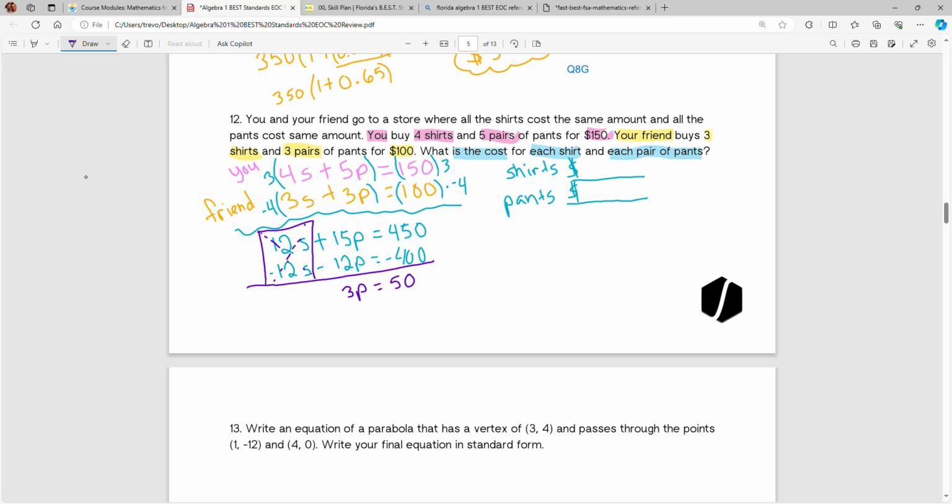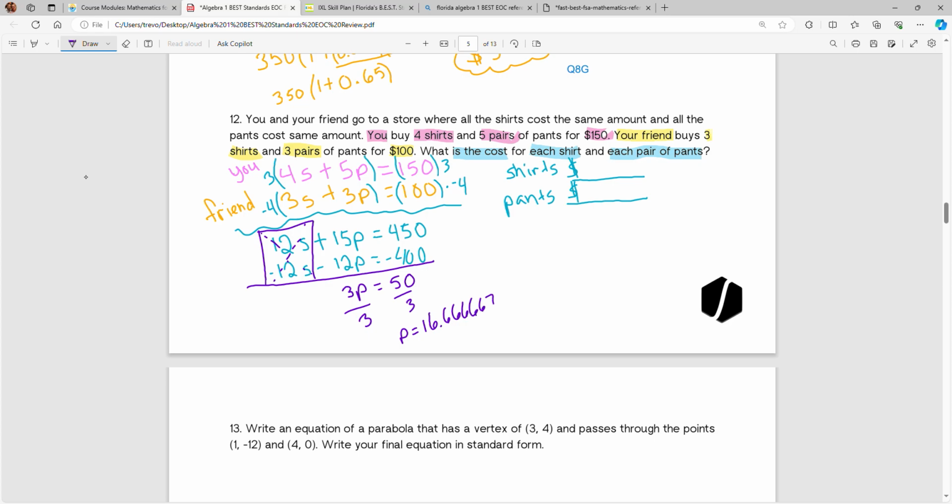So I can find out real quick now how much each pair of pants costs by dividing both sides by 3. And I get each pair of pants costs 16.6 repeating, but we're talking about money. So the calculator says something like this.